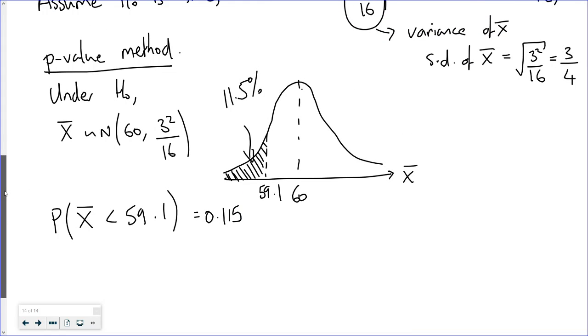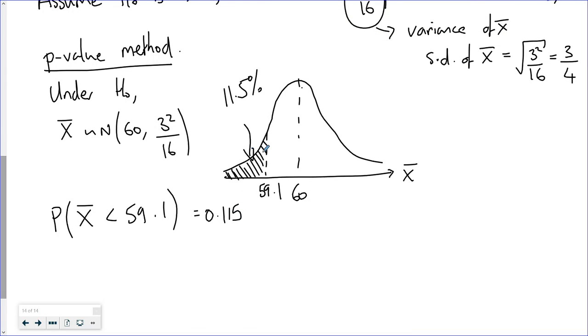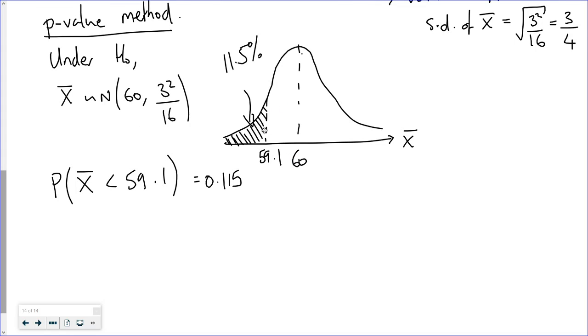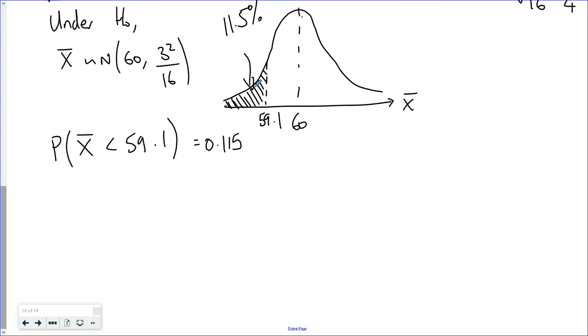So remember, we basically need to ask ourselves, are we in the left 5% of the distribution? Well, because we know the probability to the left of us is 11.5%, we know that we can say that 5%, our critical region, must be to the left of us. So that red area, 5%, must be to the left of us if we've got 11.5% to the left of us.